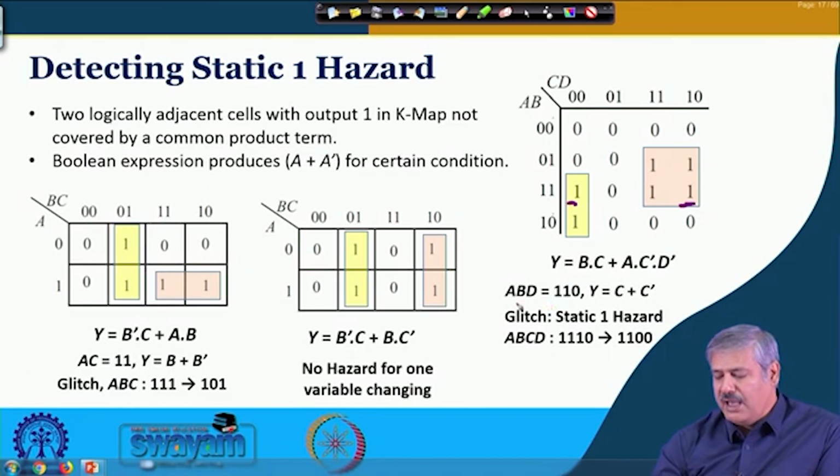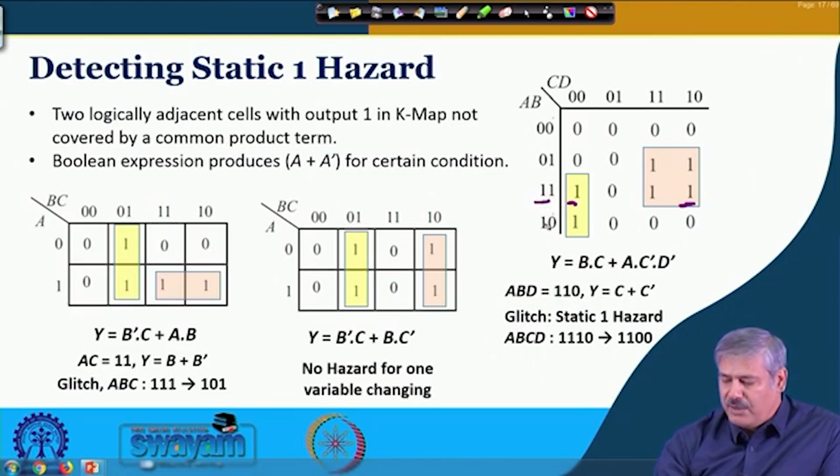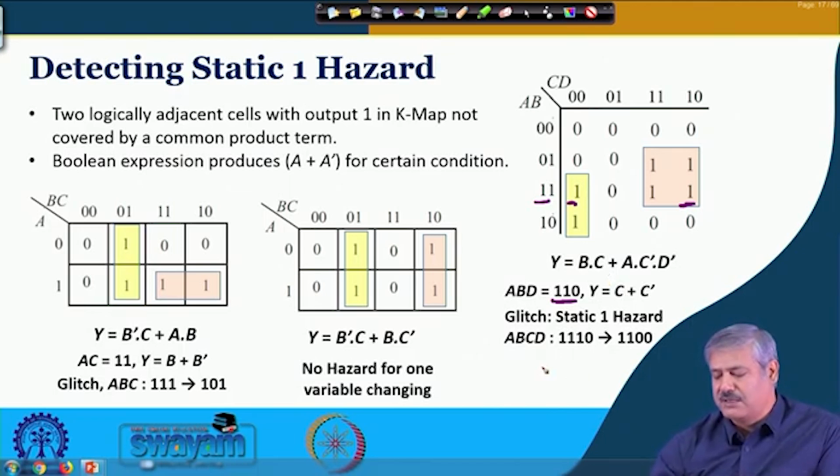So, A, B, D. We can see that A, B are 1, 1, and between these two, what is common? D with 0. So, A, B, D is 1, 1, 0. This is common between these two ones, right. And C goes from 1 to 0, because we know that from high to low there is a static 1 hazard.